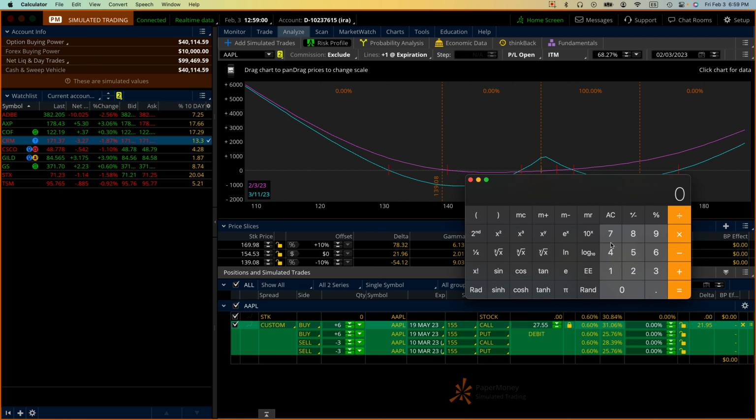And the way we do it, we add up the two longs, divided by 2, and we're going to clear and add this.